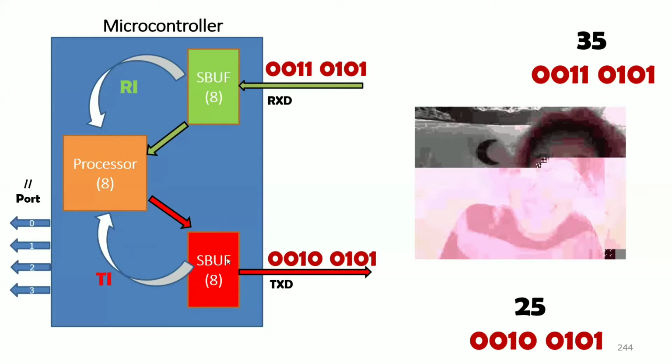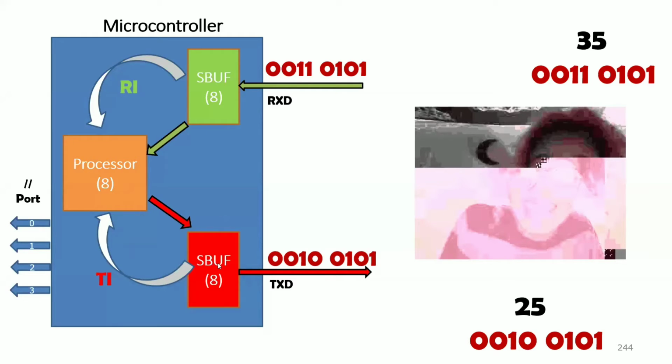For reception and transmission, we have two different buffers, and we use them to make the processor fast. How? The processor sends the data to the SBUF, and the SBUF sends the data bit by bit. While the SBUF is taking care of transmission and reception, the processor is free to do other tasks.